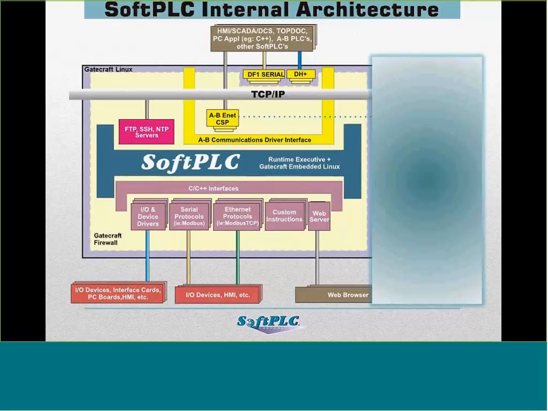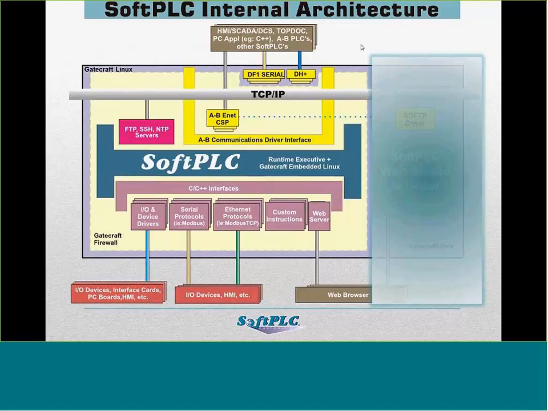For example, we had one customer that did Fourier transform functions. You'd never want to do that in ladder logic, so he wrote some C code to do that. We also have our web server down here, which allows a web browser to view the pages and get the data table information embedded in those web pages.